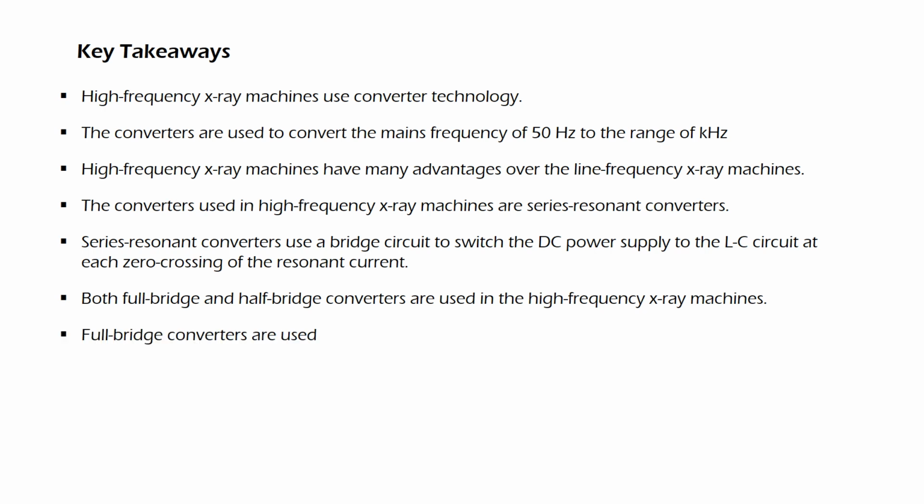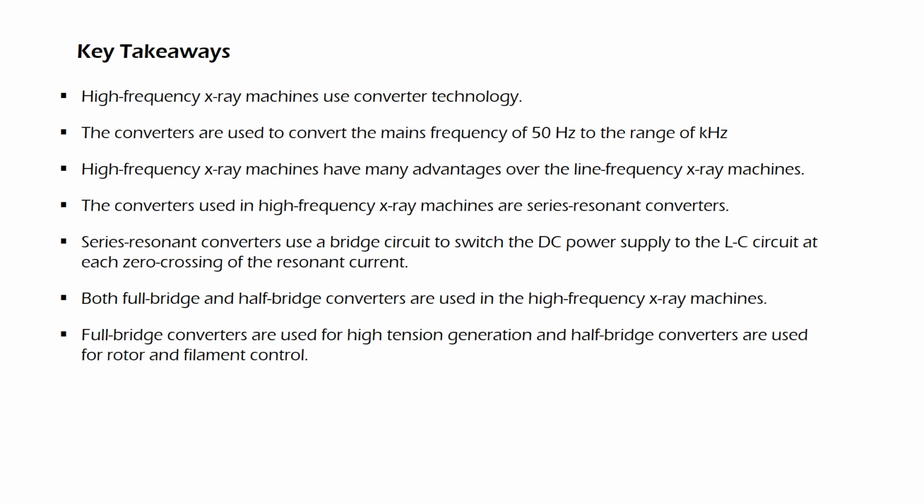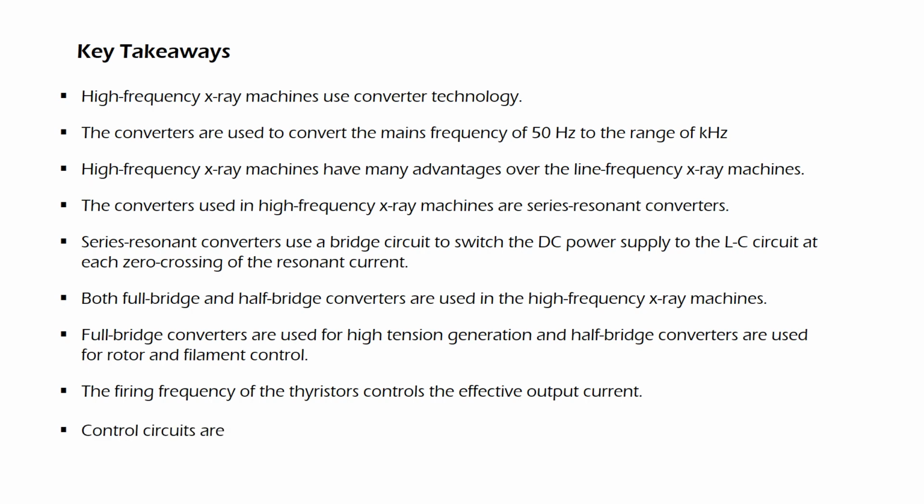Full bridge converters are used for high-tension generation and half bridge converters are used for rotor and filament control. The firing frequency of the thyristors controls the effective output current. Control circuits are used to monitor and control the actual output value against a set value.